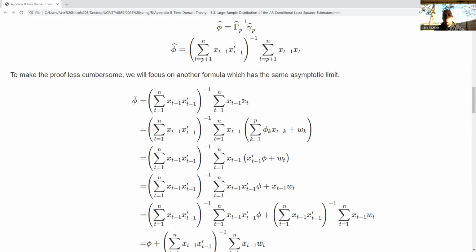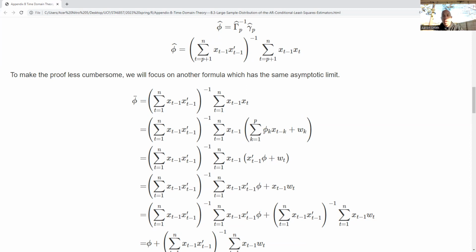Now, you'll notice I replace this x sub t with what I have from the autoregressive process. Okay, that's easy peasy lemon squeezy. Now I'm going to work through and rewrite everything in a manner that's easier to digest.